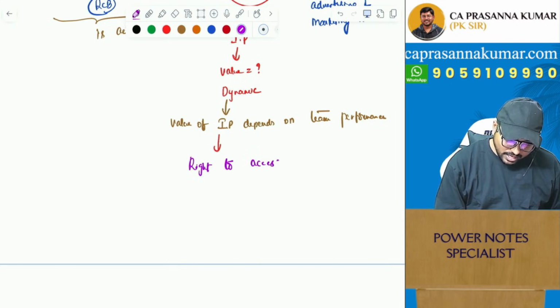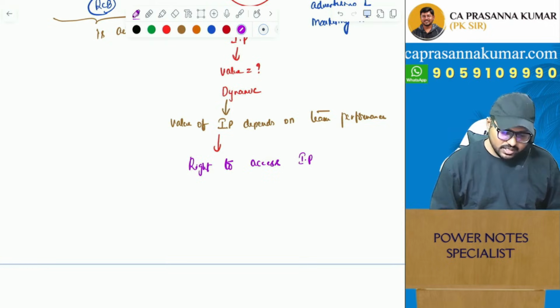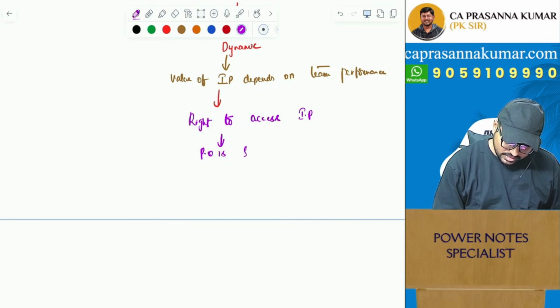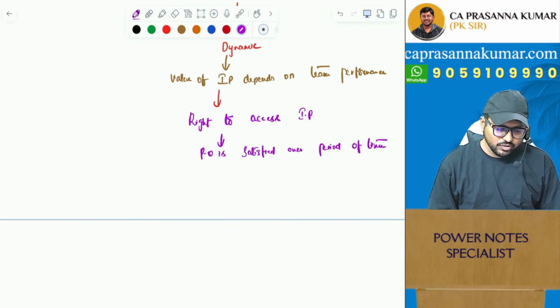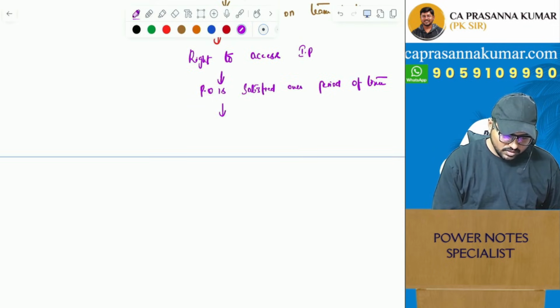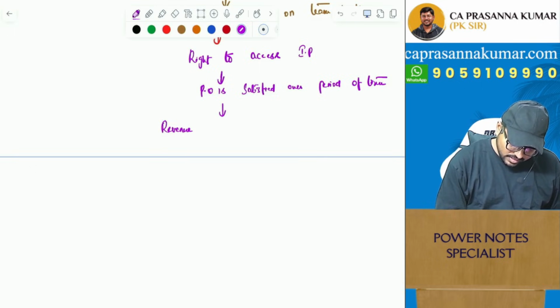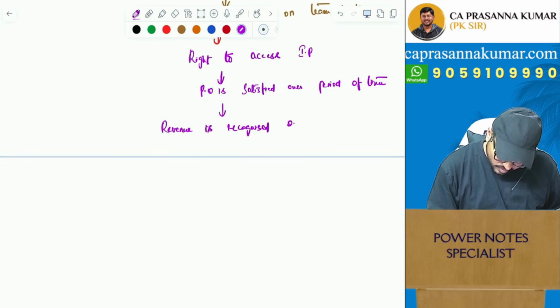Now, when I say right to access intellectual property, naturally you will tell me what happens because of this. The performance obligation is satisfied over a period of time, naturally. Then revenue is recognized over a period of time.